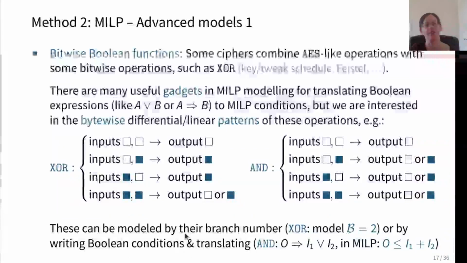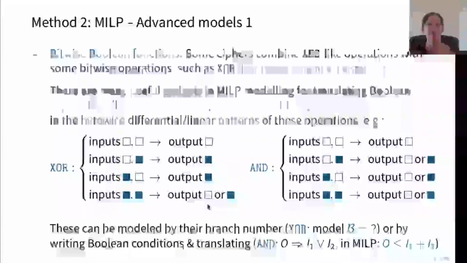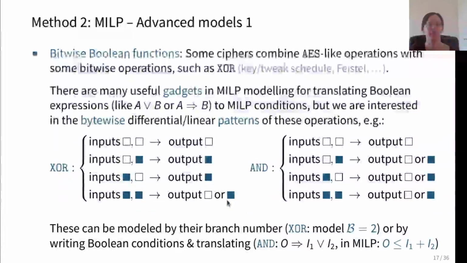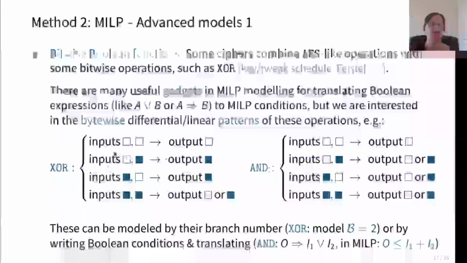The first one is useful for XOR, and this is because we can use a trick we already saw. We can use again this branch number modeling trick. So in case of mixed columns, we had 4 cells at the input here, 4 cells at the output, and we knew that a total of at least 5 of them would need to be active, so a branch number of 5. Now if you look at this picture here, this is actually a linear function which has a branch number of 2, because there are either no active cells at all, or there are at least 2 in total.